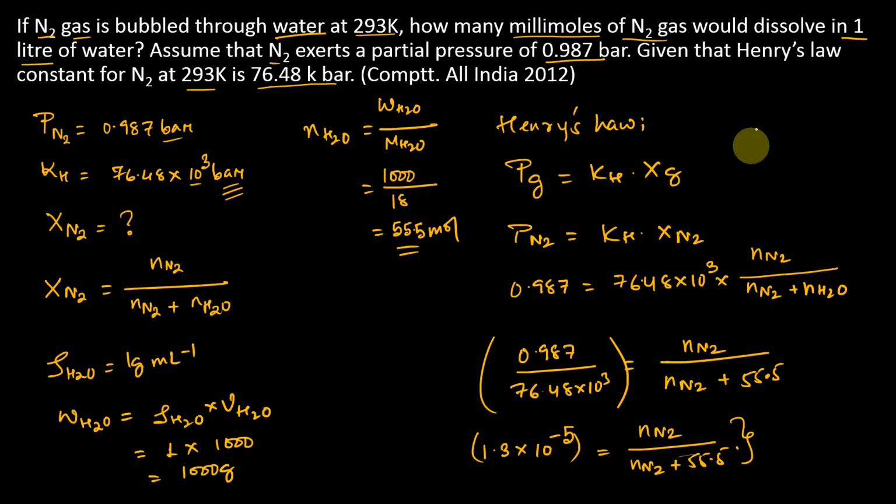It is purely suggestive that the number of moles of nitrogen is very much less than 1.